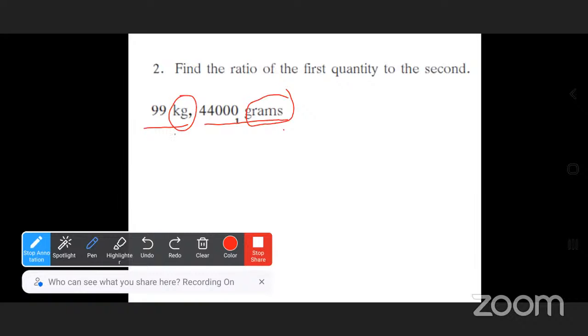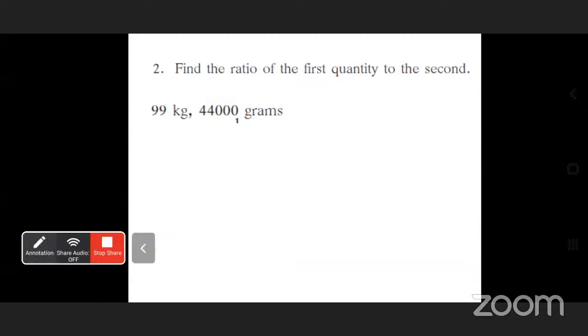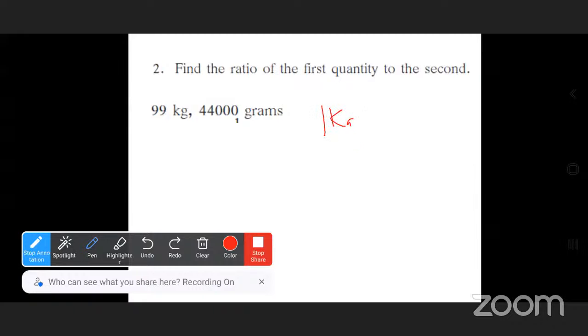One is in kg and one is in gram. So you cannot find the ratio of this. First, you will have to convert them into equal units. If this is in kg, try to convert this part also into kg. So what can we use? We all know that 1 kg is equal to how many grams? Very good, it is equal to 1000 grams.